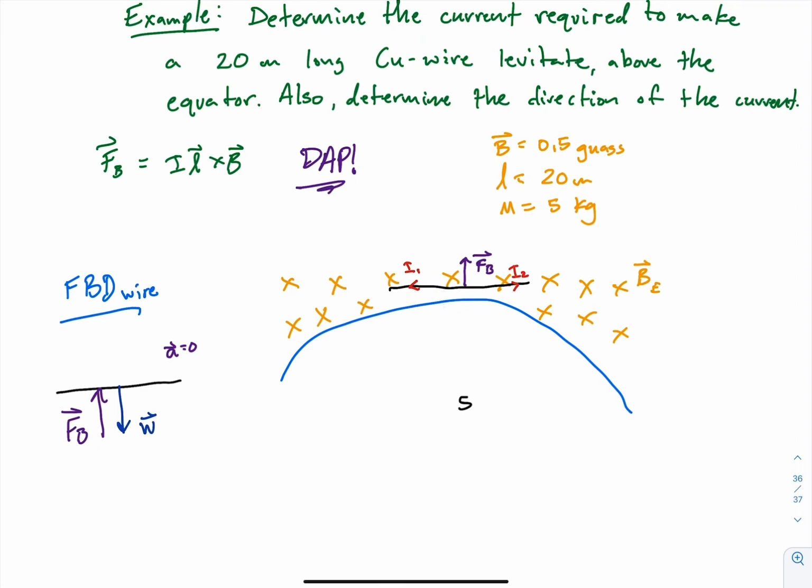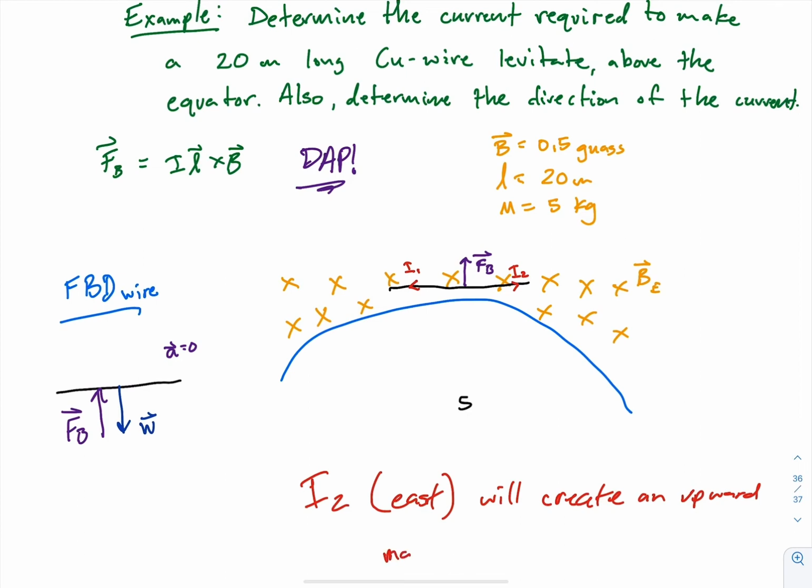So the point is, you should be able to show using the right-hand rule that I2, which, if we're looking from south to north, would be going east, will create an upward magnetic force. We can even note using right-hand rule number 1. So we've actually sort of answered this part of the question.